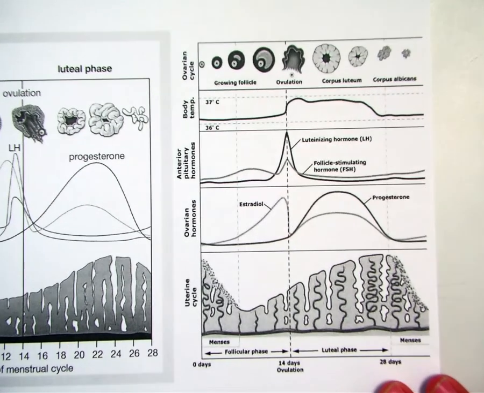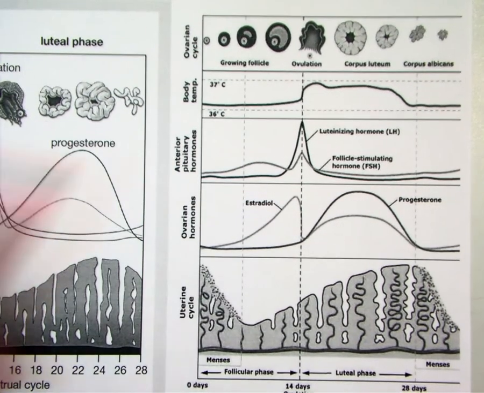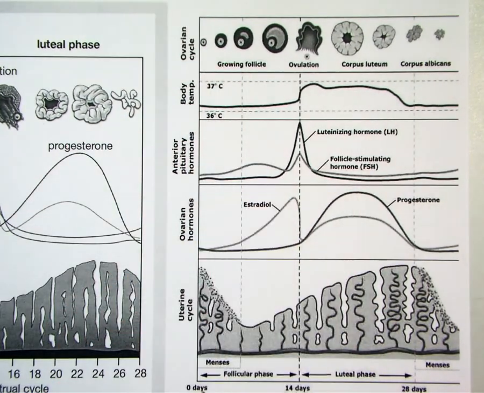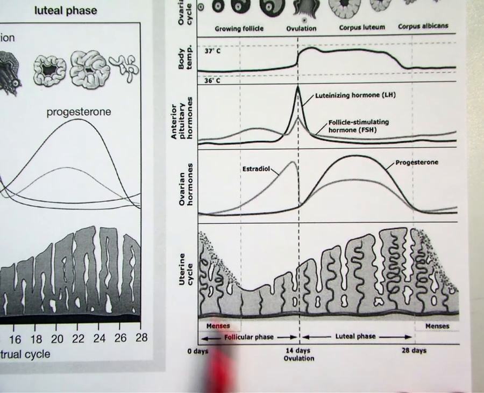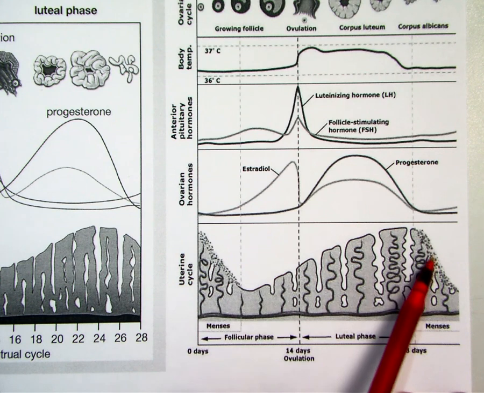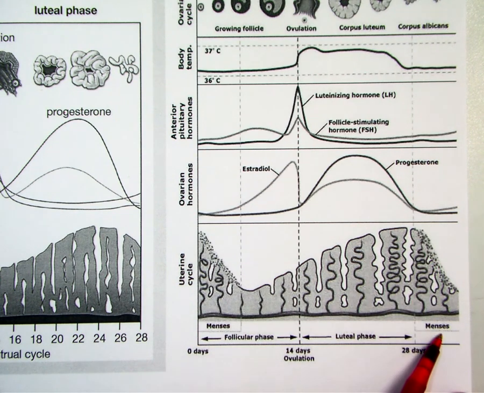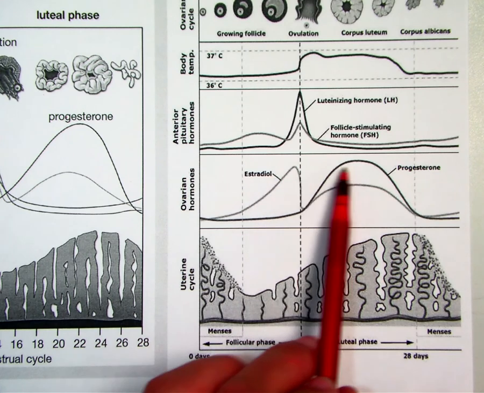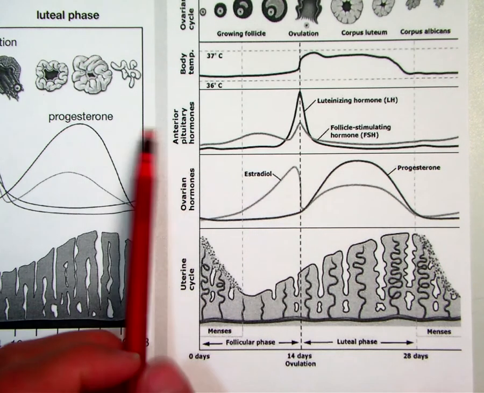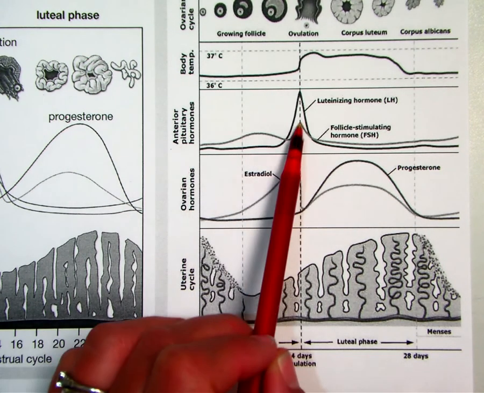Now, here's the same thing. Okay, they broke it up and used different lines, but see the dates? Ovulation at the bottom around 14 days. There's the uterine lining again, building up, and then this is like a period. Or menses, same thing, the shedding. The estrogen and progesterone, they put the pituitary hormones separate, FSH and LH.